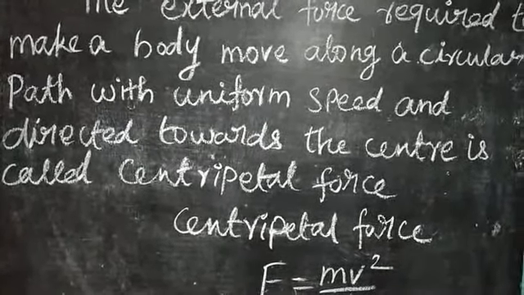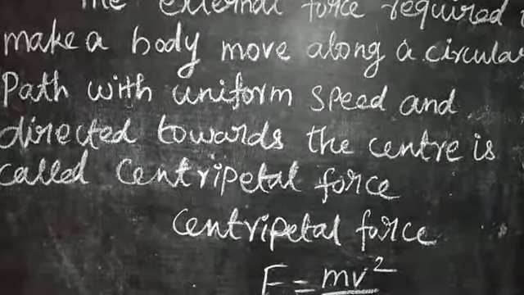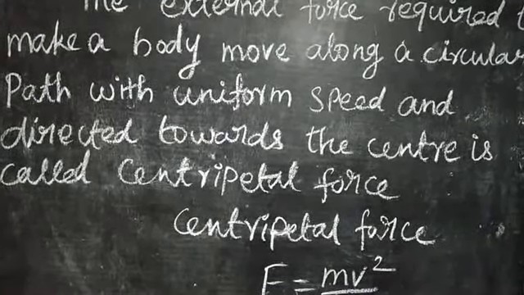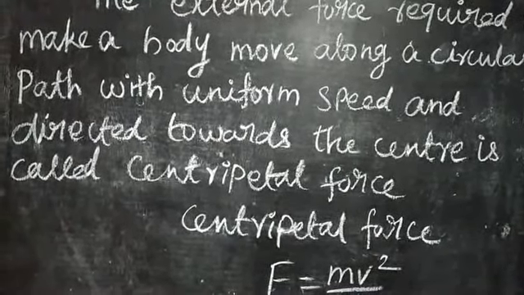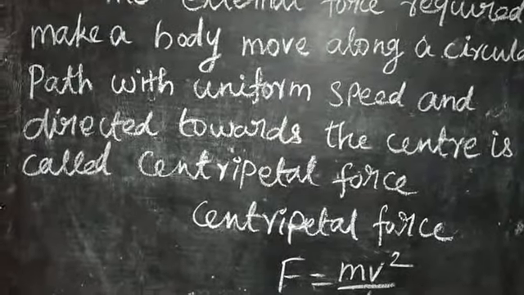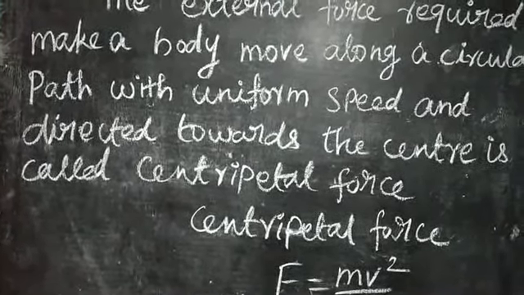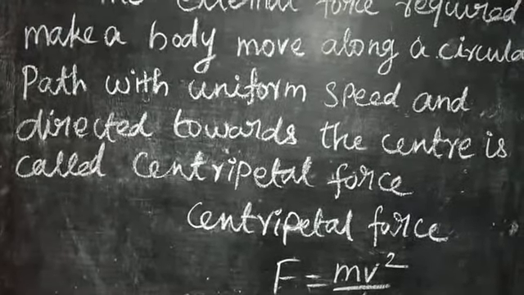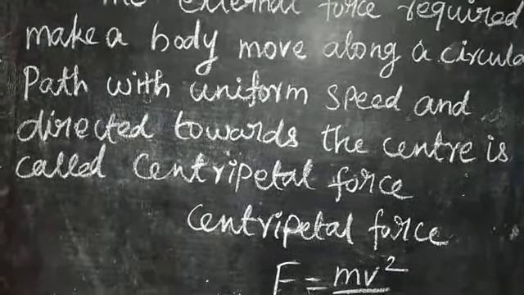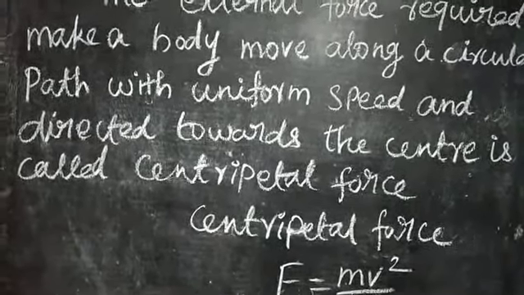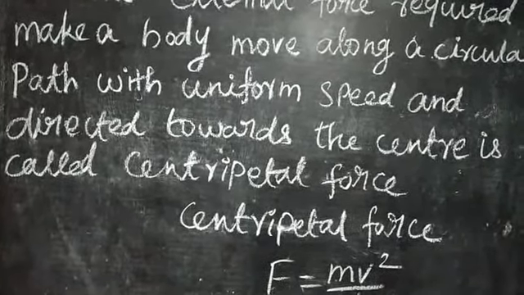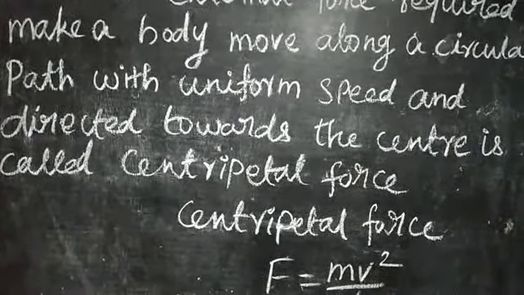Another example: the Moon revolves around the Earth in a circular path. In between the Moon and the Earth, an attraction force acts, called gravitational force. The gravitational force provides the centripetal force.